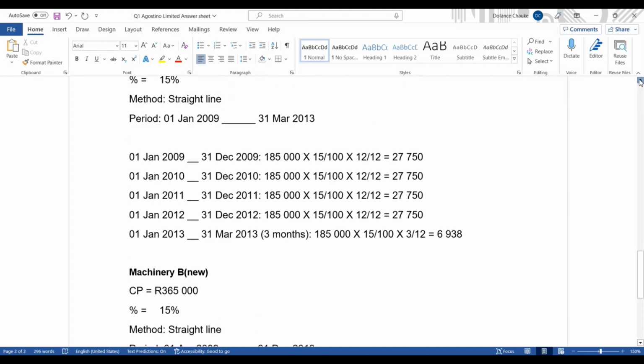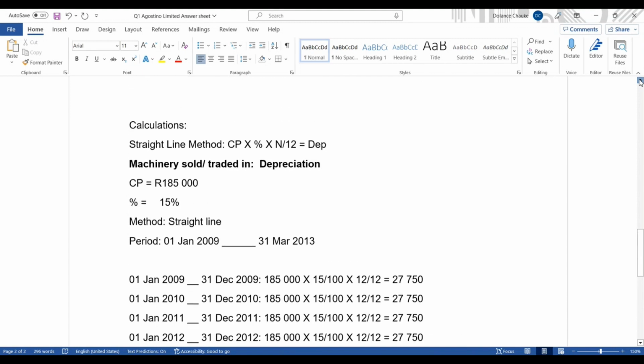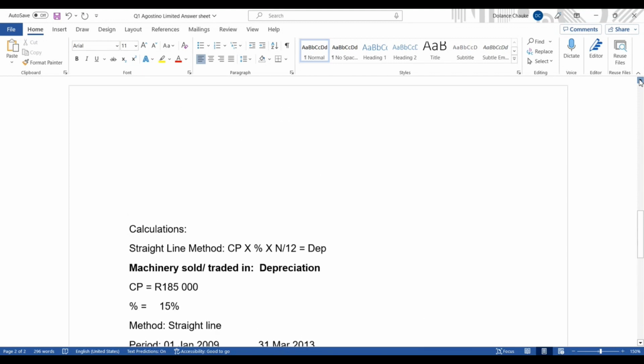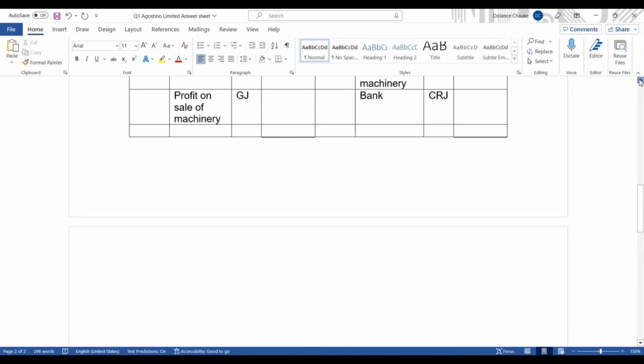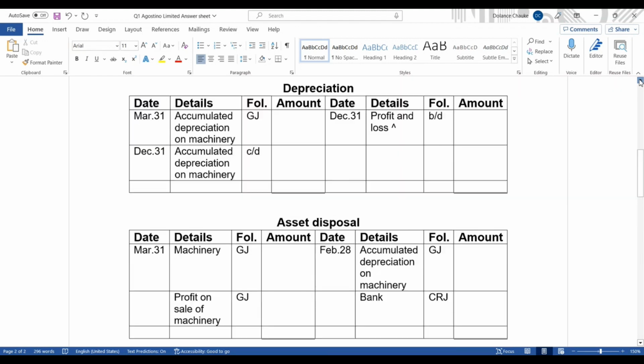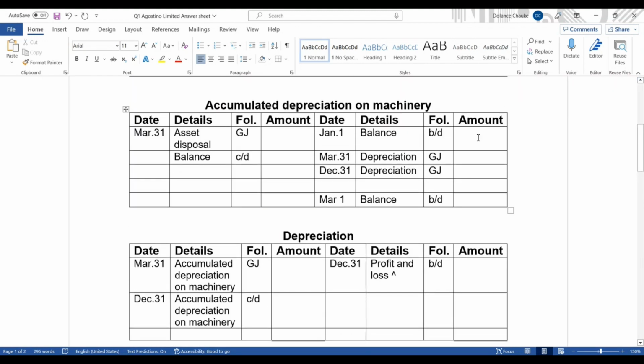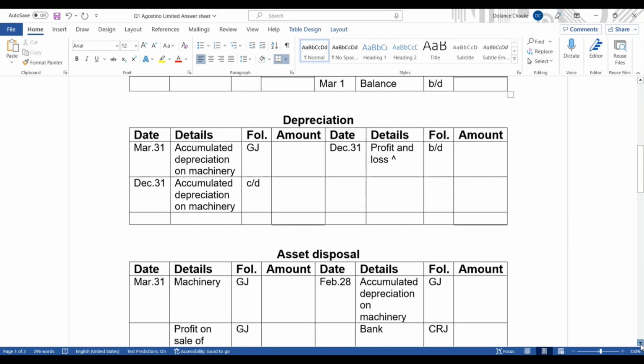Our goal is to prepare accumulated depreciation and asset disposal, right? So I'm going to start here. Now, how much is the opening balance of the depreciation for that machine that was sold?